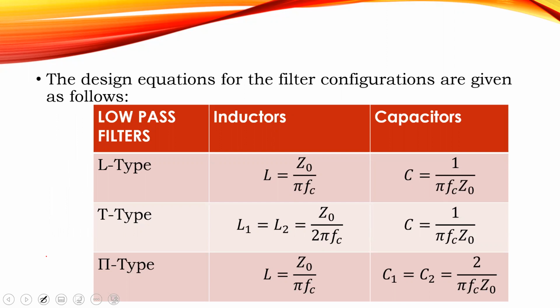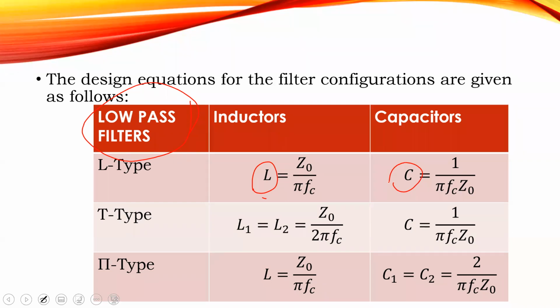For a low pass filter, these are your design equations. So for your low pass, what will be the arrangement with L and C? Remember now, it's a low pass. And what's the rule? The rule is that you attenuate undesired frequencies by putting the high impedance path in series.